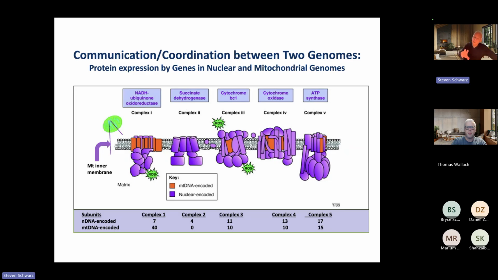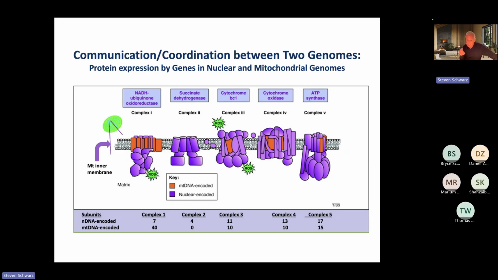However, if you go further into the genome, you see that with the exception of complex 2, the complexes comprise mitochondrial DNA, and complex 2 comprises nuclear encoded DNA only, and all of the complexes contain nuclear DNA. Down at the bottom, you see the distribution between nuclear and mitochondrial encoded DNA in the various respiratory chain or electron transport chain complexes.